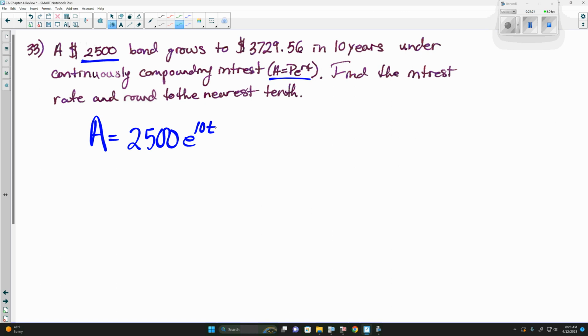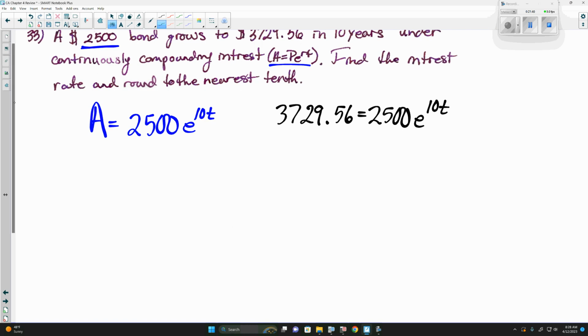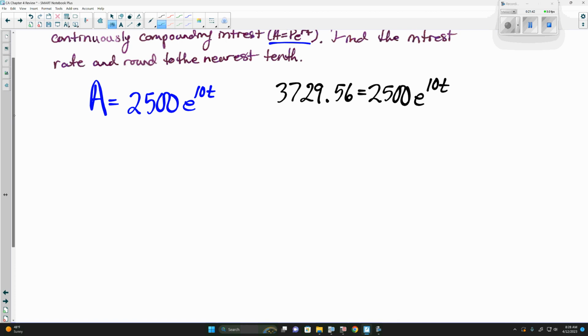So I would start off with this here. Now we can start solving by first plugging in our amount, $3,729.56, is equal to 2500 e to the 10t. At this point here, we're just solving for t.